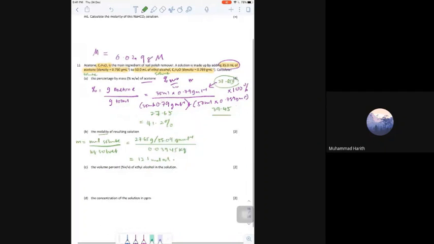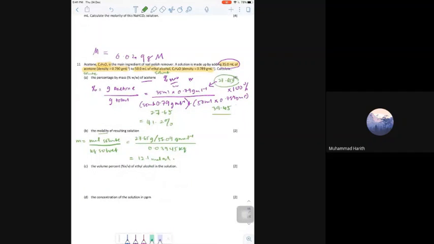Then calculate the percentage volume by volume. The volume will be V of the acetone. Oh, but they want the volume of the ethyl alcohol.